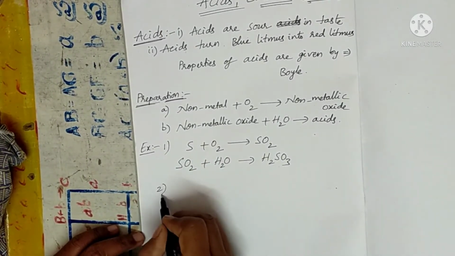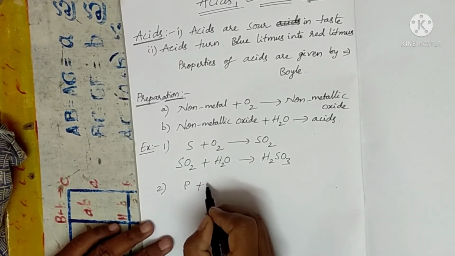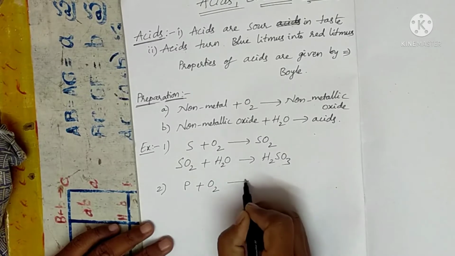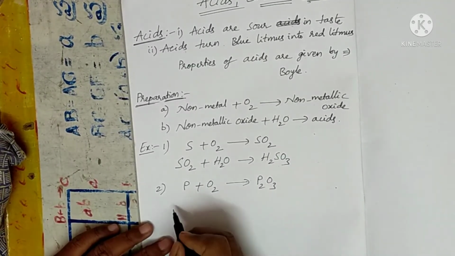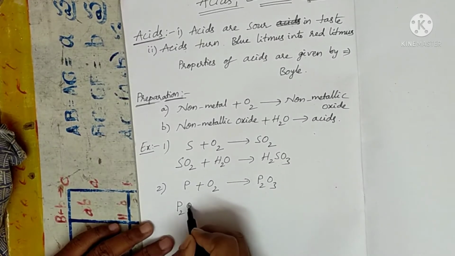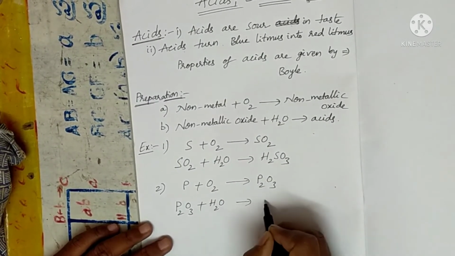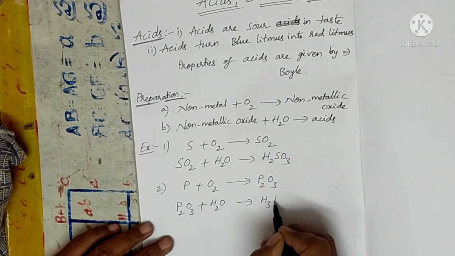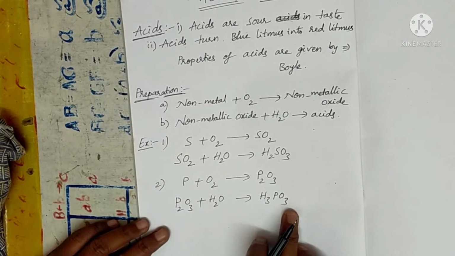Now I will take another example: phosphorus reacts with oxygen and forms phosphorus trioxide. This phosphorus trioxide dissolves in water and forms phosphorous acid. This is the phosphorous acid formula.